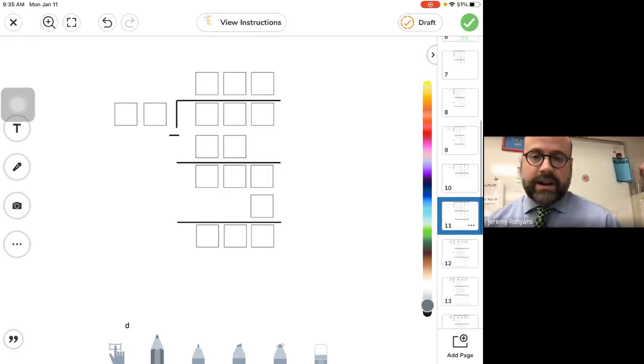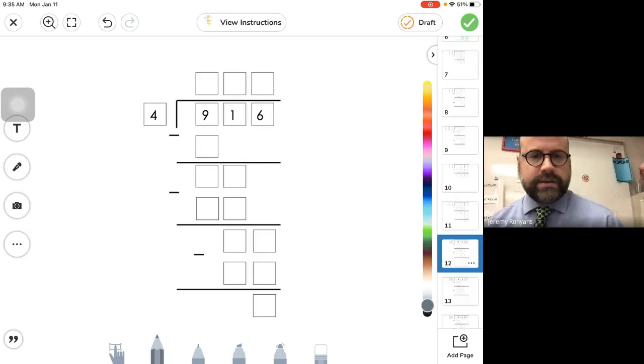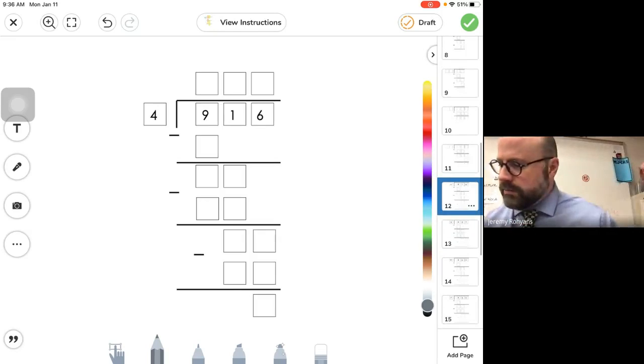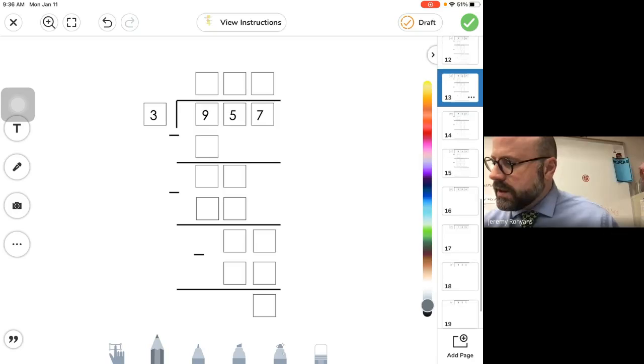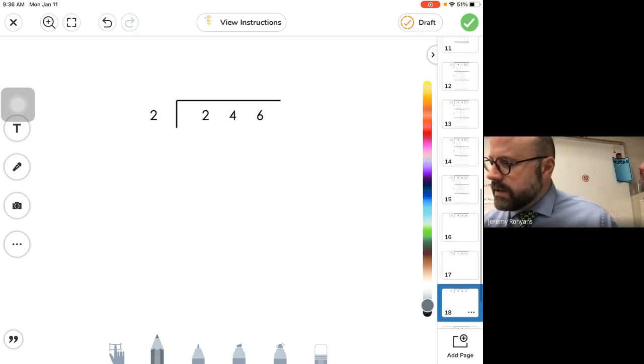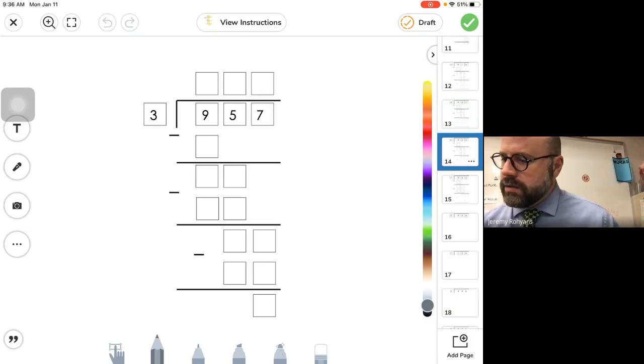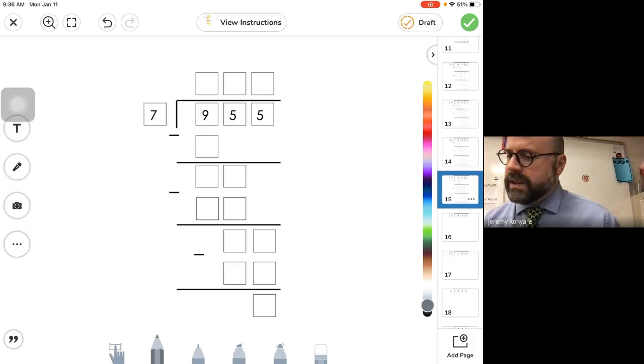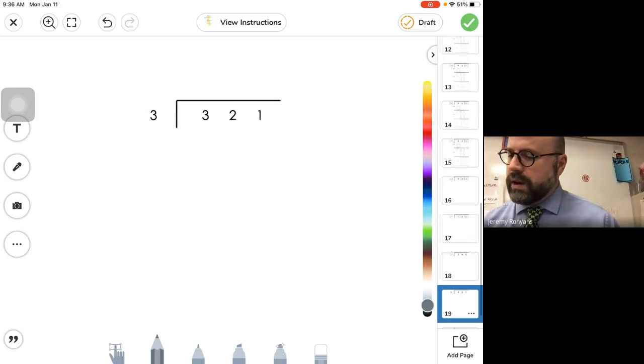Because like I said, you're not going to have colored boxes to help you in division as you go further in your division life. And at the bottom, boxes 13 through 15 have boxes, and then they just slowly take away your boxes from you.